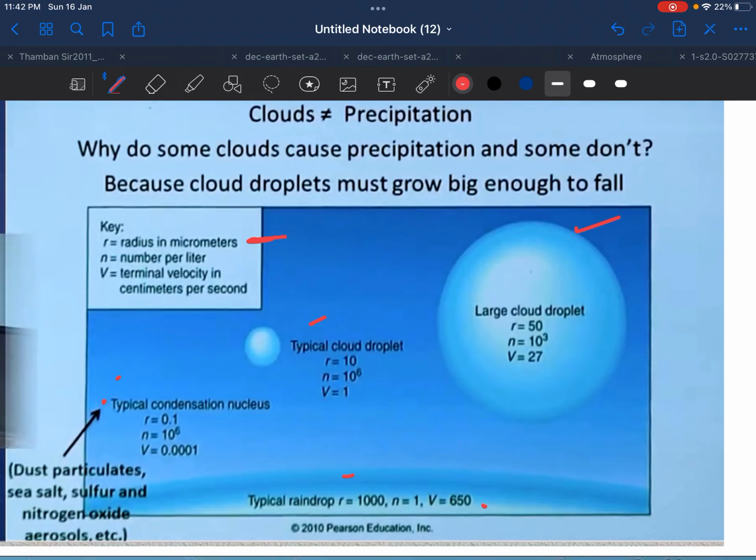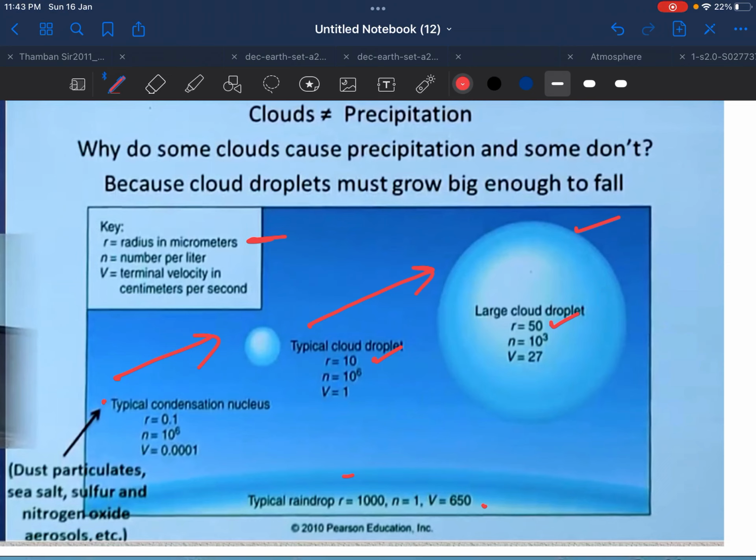So you can literally see this CCN is very small as compared to a typical cloud droplet. And if you compare this typical cloud droplet with a large cloud droplet, you can literally see the radius difference. It is 50 micrometer here, 10 micrometer here.